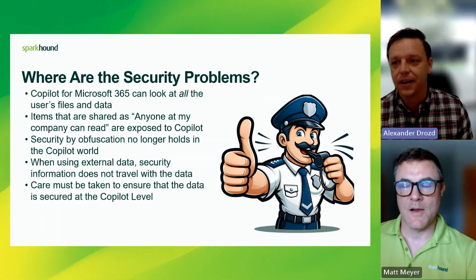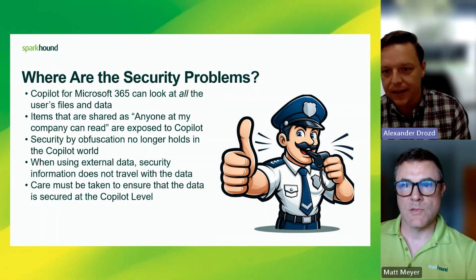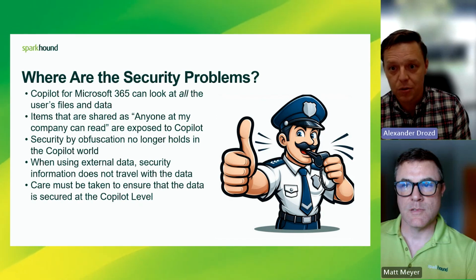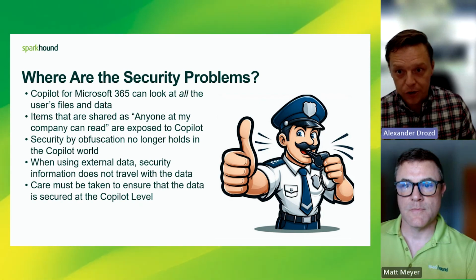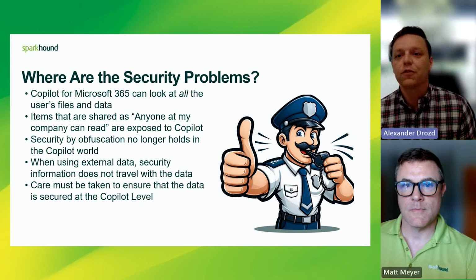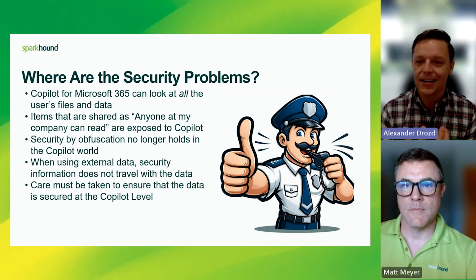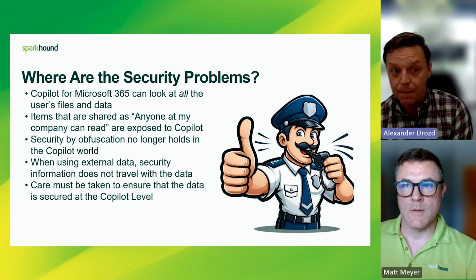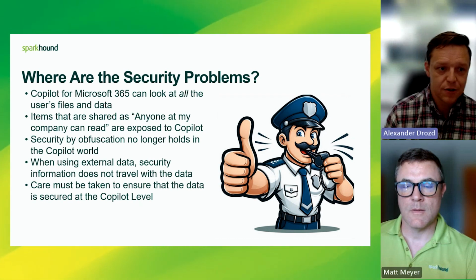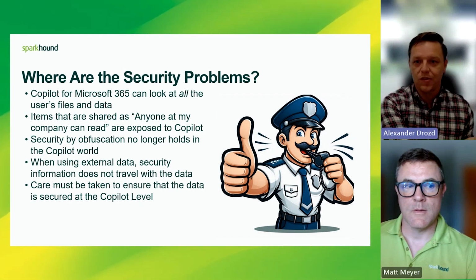Perhaps there's even IP that not everyone in the company is privy to. We're curious creatures of nature. People just go digging for things sometimes, and if that one specific file or folder isn't locked down, then it might be available. So the idea of security by obfuscation no longer holds in the Copilot world.